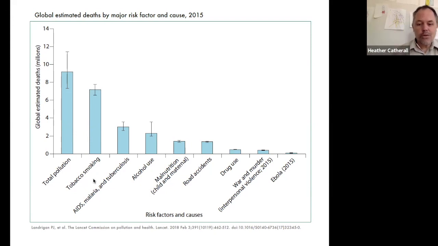But just to be extra conservative and fair about this process, let's take it out and see what's left. And total pollution, which means factors in the air, the water, and the soil, those still account for the plurality of deaths, right? It's the number one single factor, if you want to call it that, more than any of these other things, almost more than the rest of these combined, except for tobacco smoke.